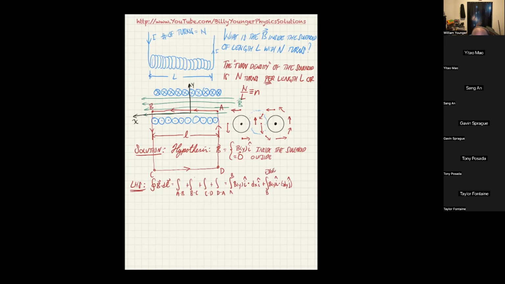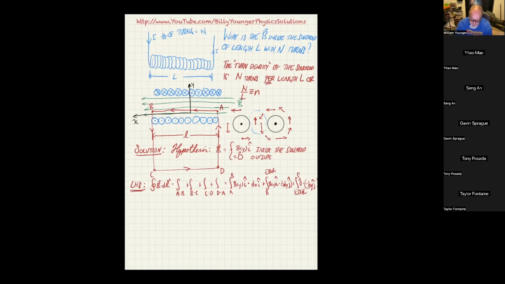What I mean by the edge is, remember, we're going to get to the edge of the actual wires, and the magnetic field is going to start disappearing right there. So then I'm going to say plus the integral from the edge to C, and in that case, we're going to get 0 dot negative dy j hat. In other words, my integral from B to C actually became two different parts.